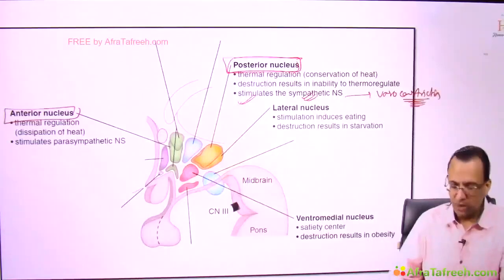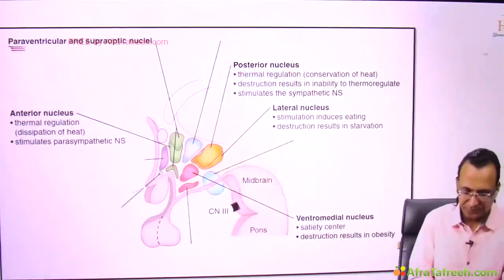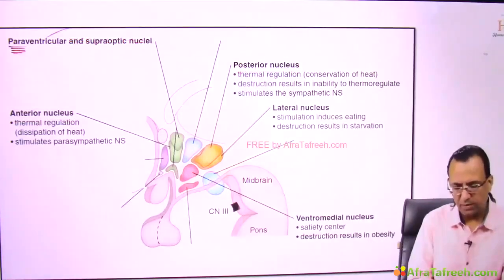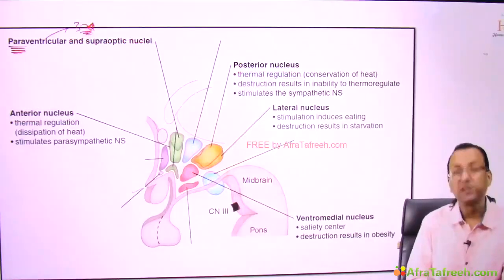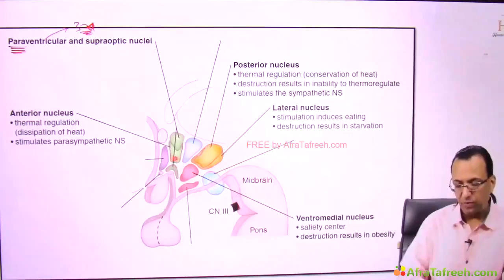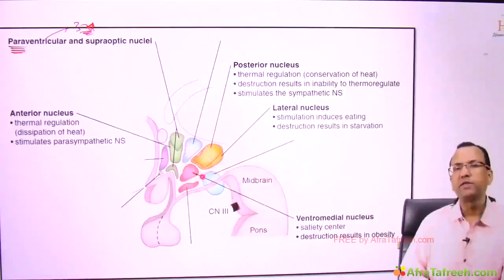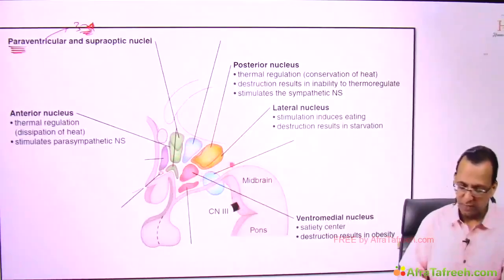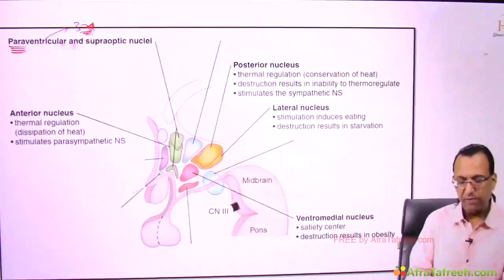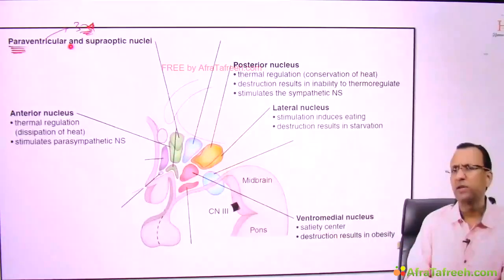And now we want to talk about the paraventricular nucleus. Which ventricle? The third ventricle. You know, the hypothalamus is the lateral wall and the floor of the third ventricle, and paraventricular means on the side of the third ventricle.